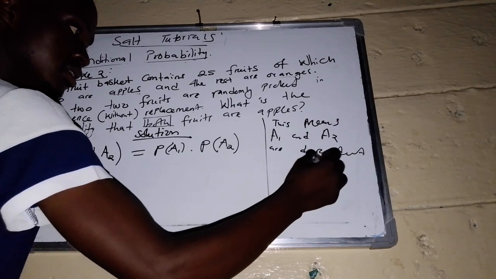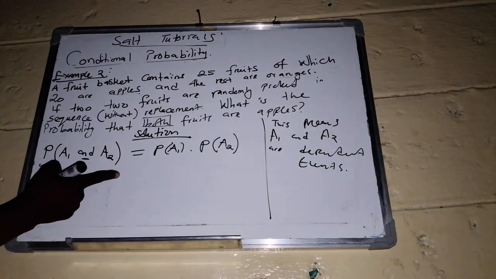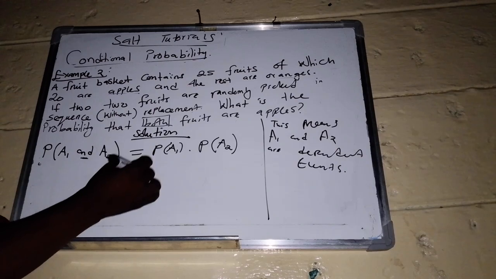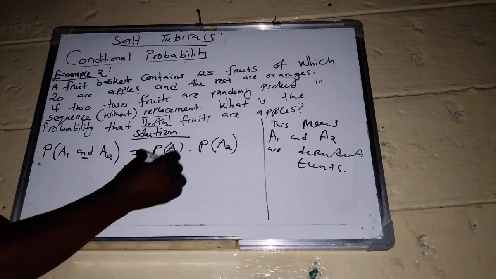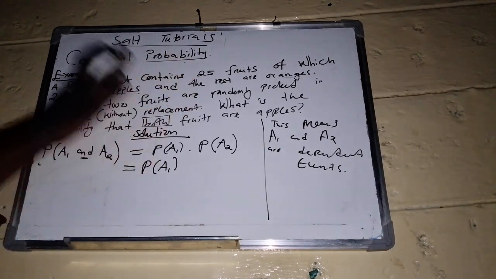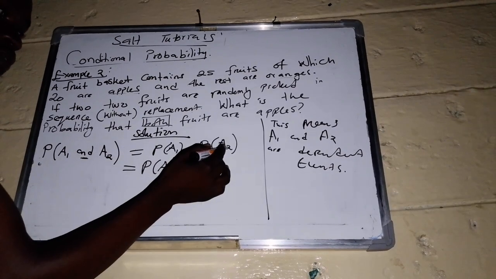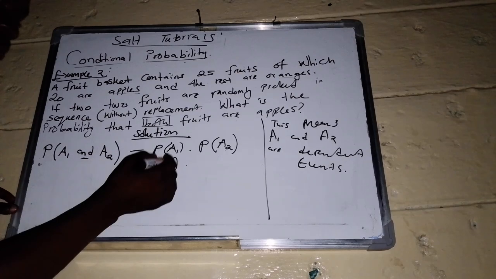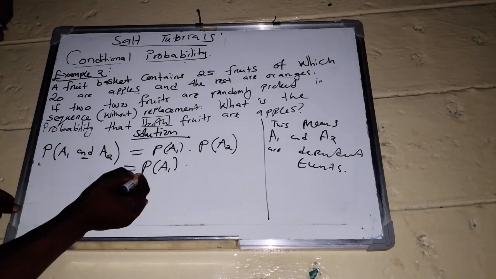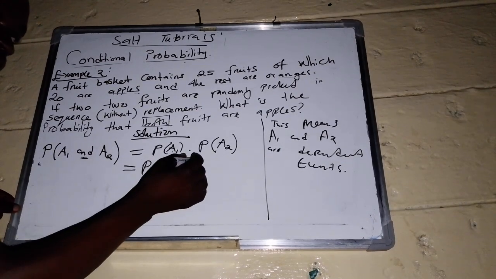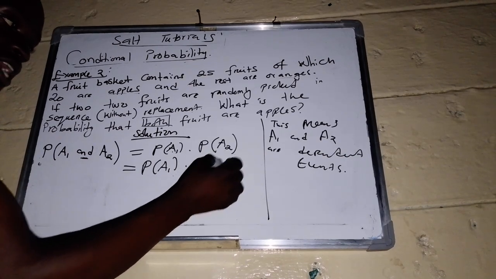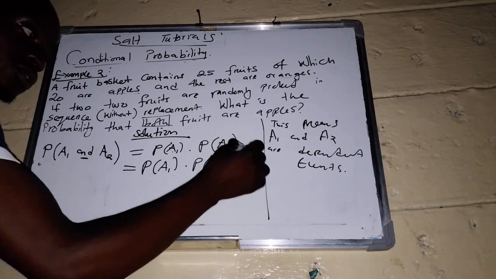So if they're dependent events, how am I going to write this formula of mine? The probability of A1 will still be the same in terms of the total number and everything. But the probability of A2 will be affected. Why? Because we're simply assuming that in the first picking, it was an apple. So the second picking of an apple will be given that the first was also an apple.